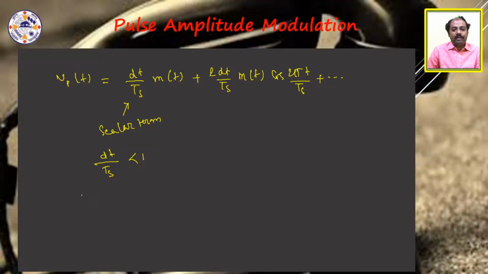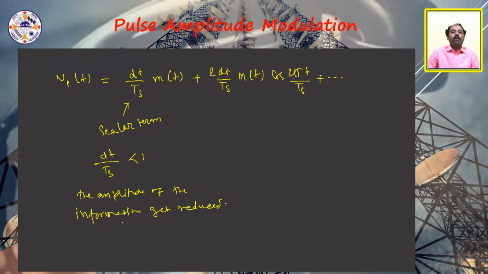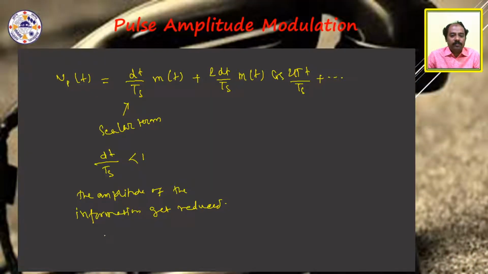From this we can see that the amplitude of the information gets reduced. This is one of the problems in case of PAM.